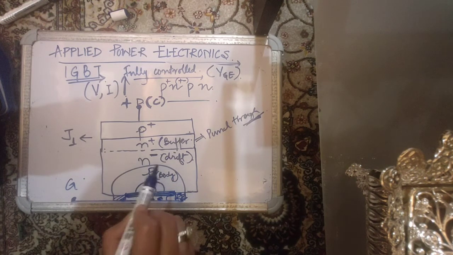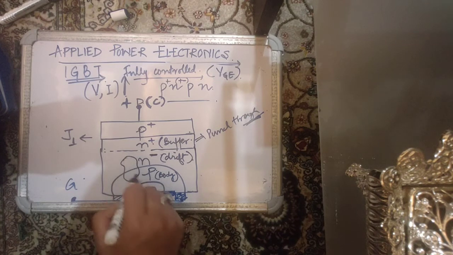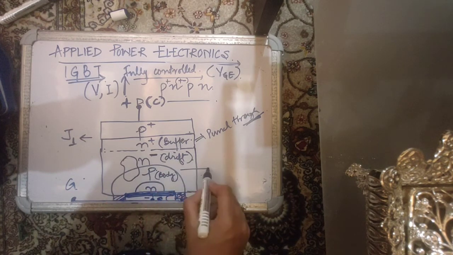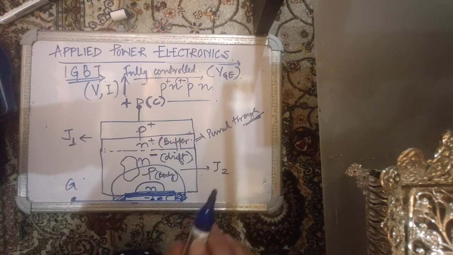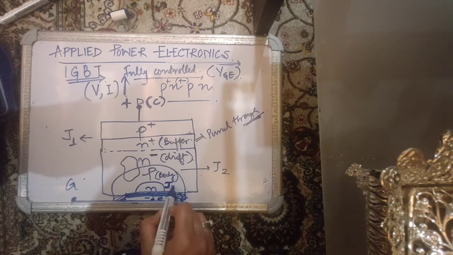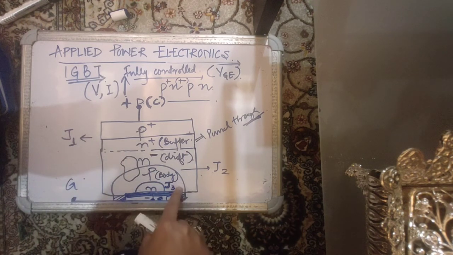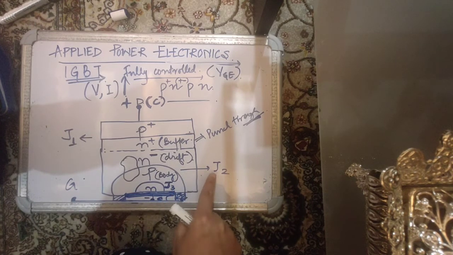But this particular junction, let's call it J2, is reverse biased. Although the third junction, that is J3, is very similar. Can you see similarities with a thyristor actually? J3.